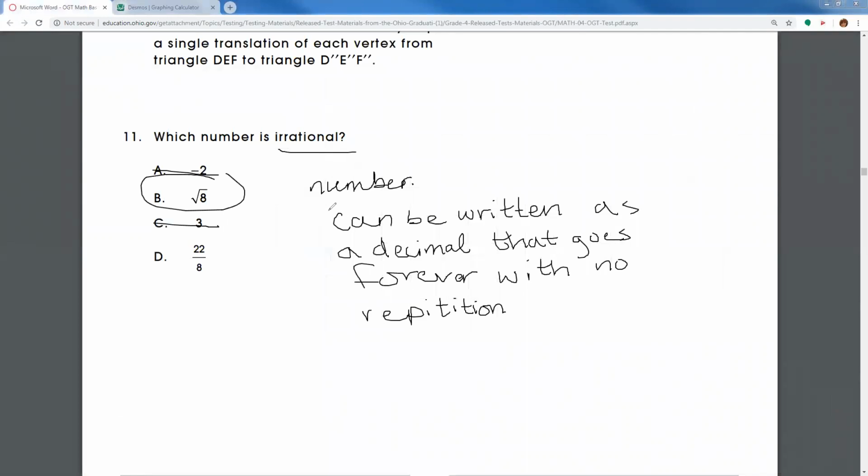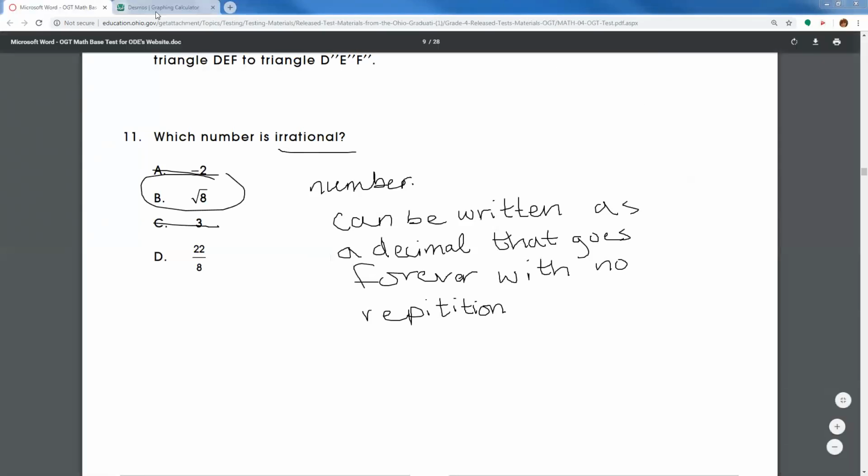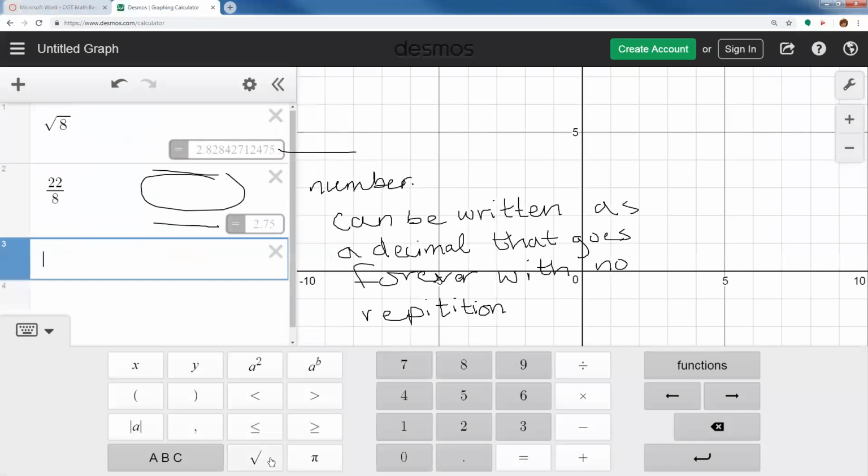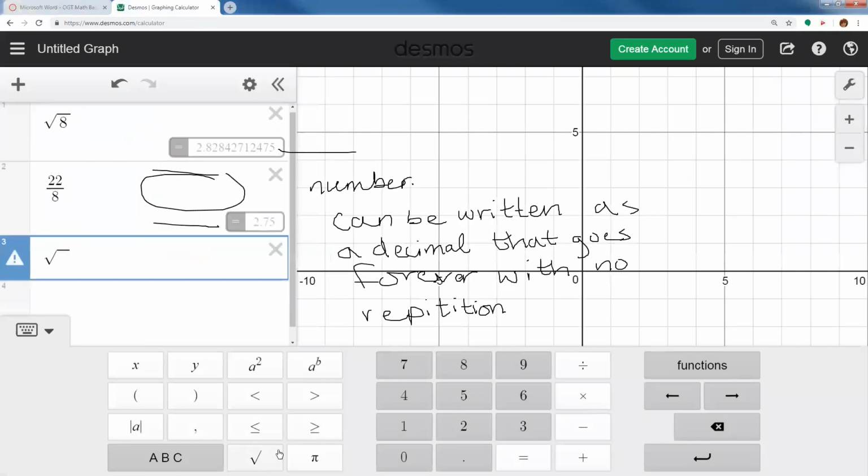So are square roots always irrational? That is a very good question. Almost always, but math can be tricky. This is why you should always type it into a calculator. What if I said square root of 9? Just 3. So 3 actually has a couple of categories.